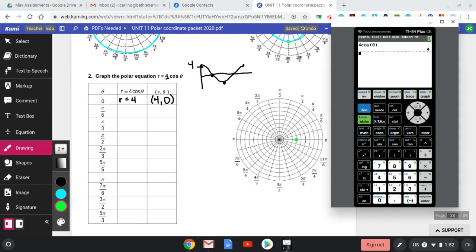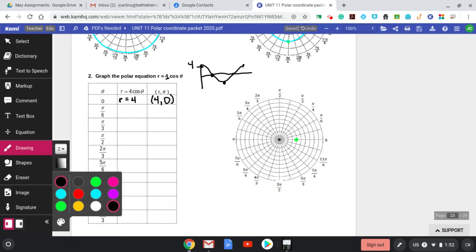Okay, let's keep going. Let's plug in pi over 6. So 4 times cosine pi over 6. Gonna need a fraction template. Pi over 6, let's see what that's going to be. That's going to be about 3.5, we'll round to the nearest tenth. So r equals 3.5.